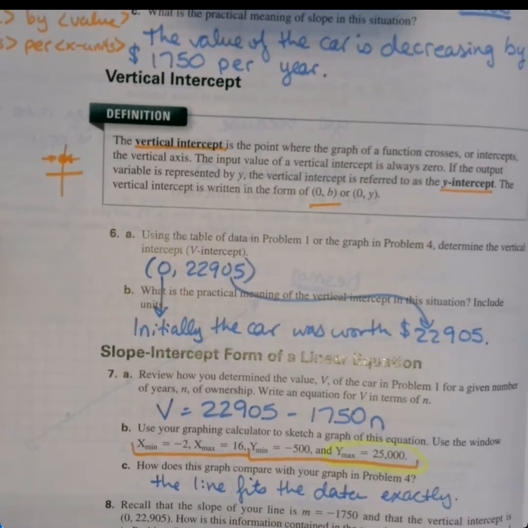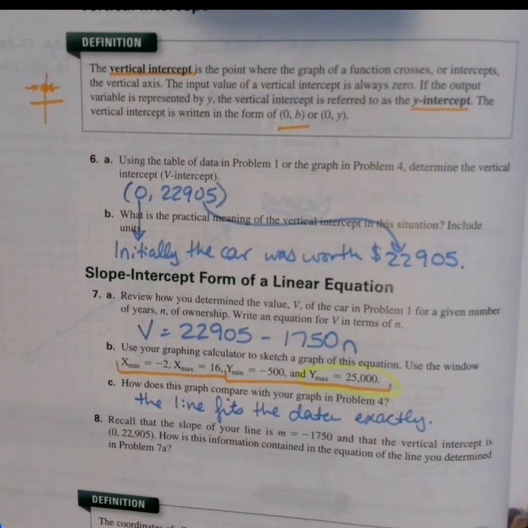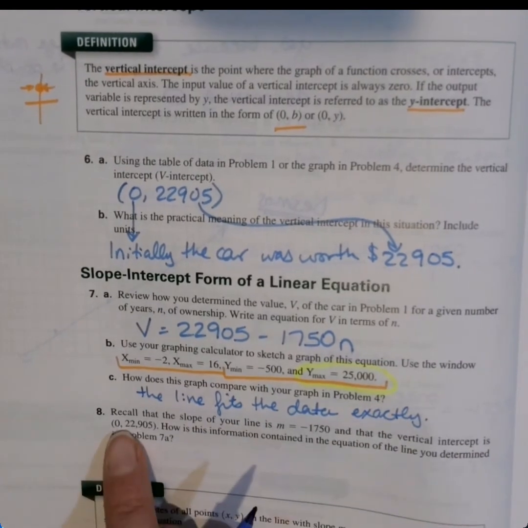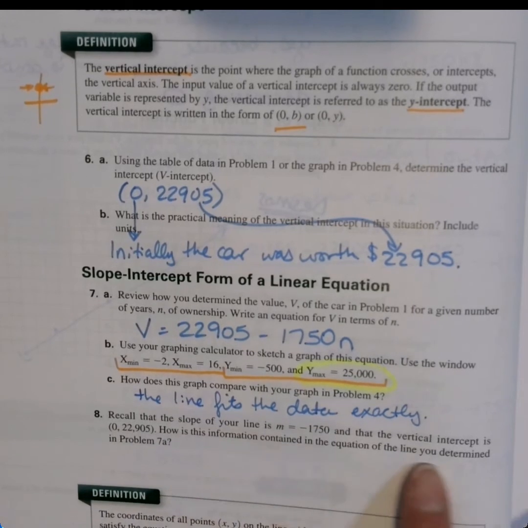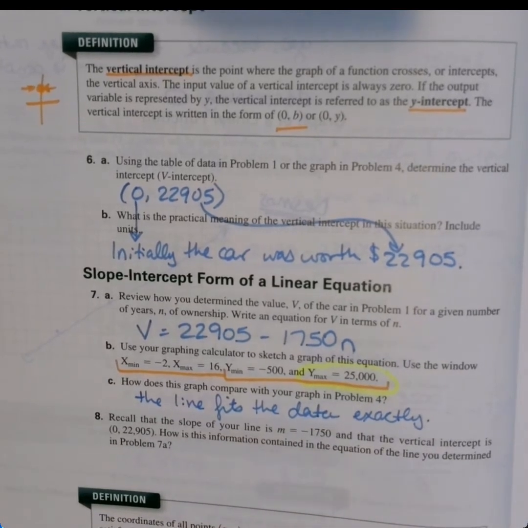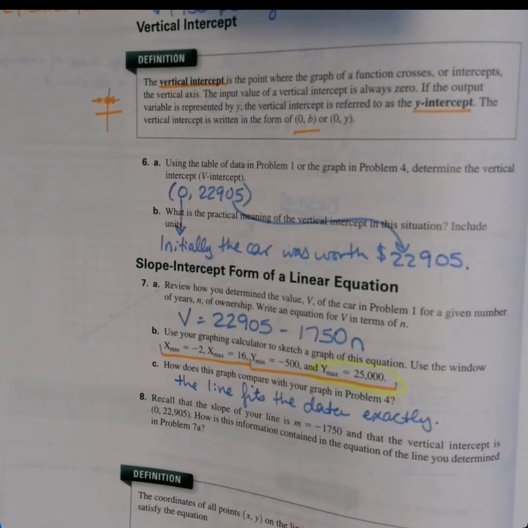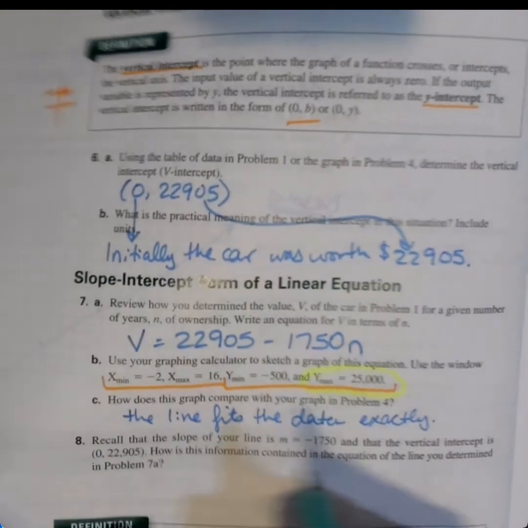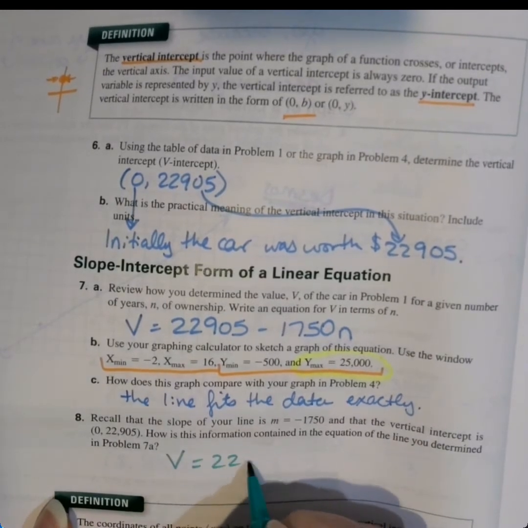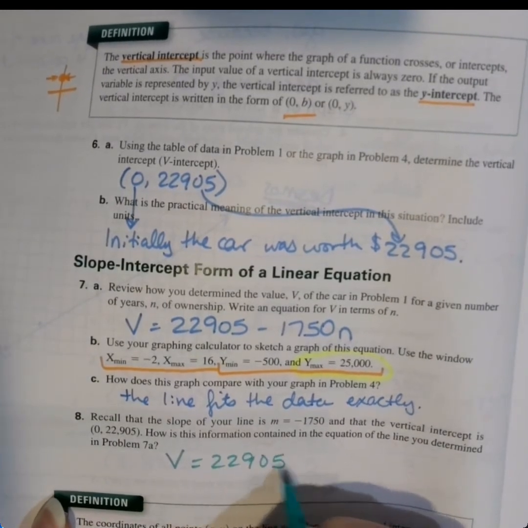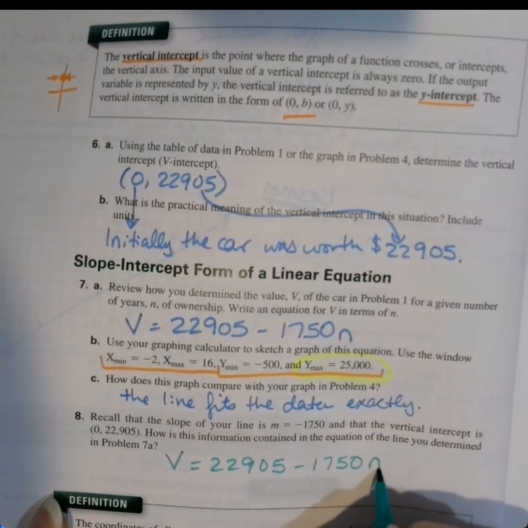All right, recall that the slope of our line is m equals -1750, and the vertical intercept is (0, 22,905). How is this information contained in the equation that we see? In our equation, I'm going to write it down again so that we can draw around it: 22,905 minus 1,750n.